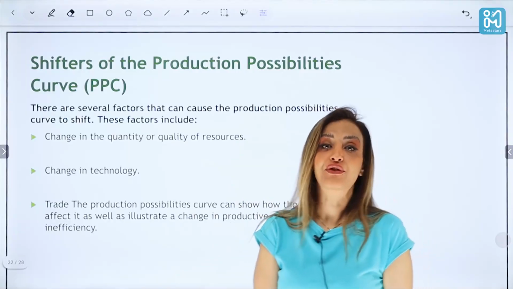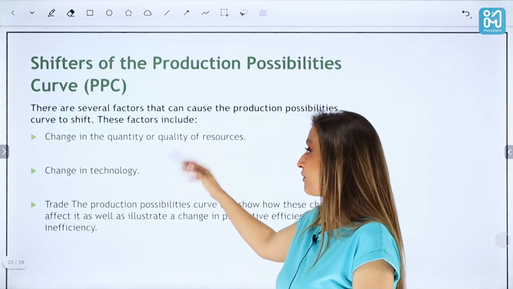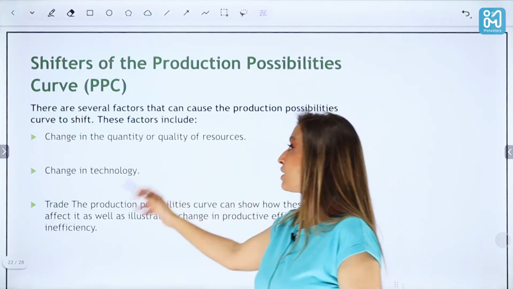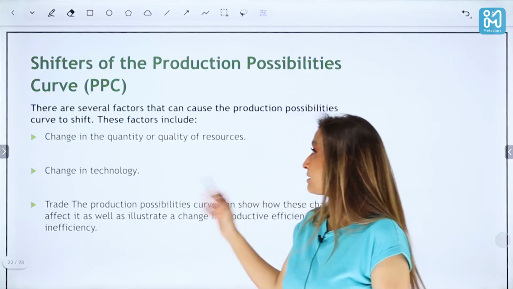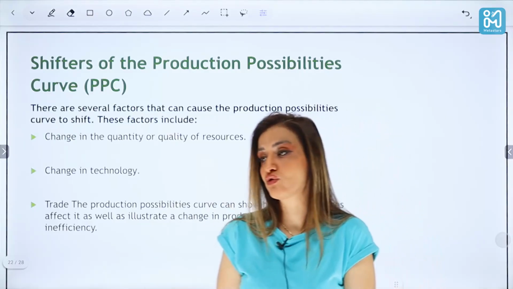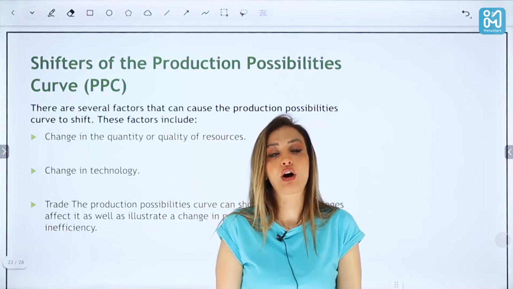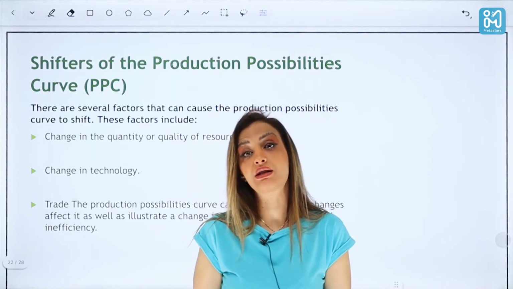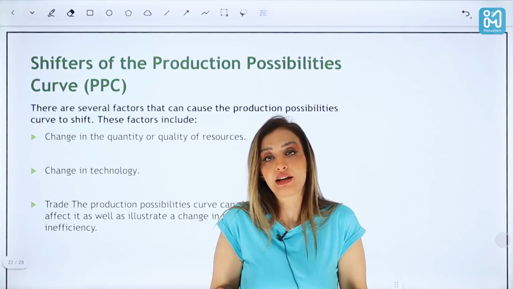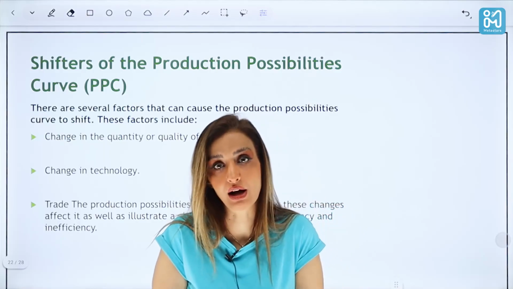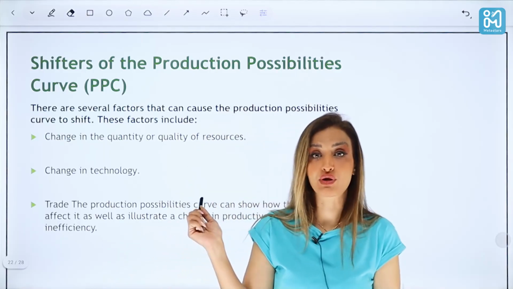Okay. Shifters from right to left, I have 3 reasons. First one, change in the quantity or quality of resources. Yes, if the quality, for example, for any product, is not good anymore, or you have a poor quality, then what will happen to you?